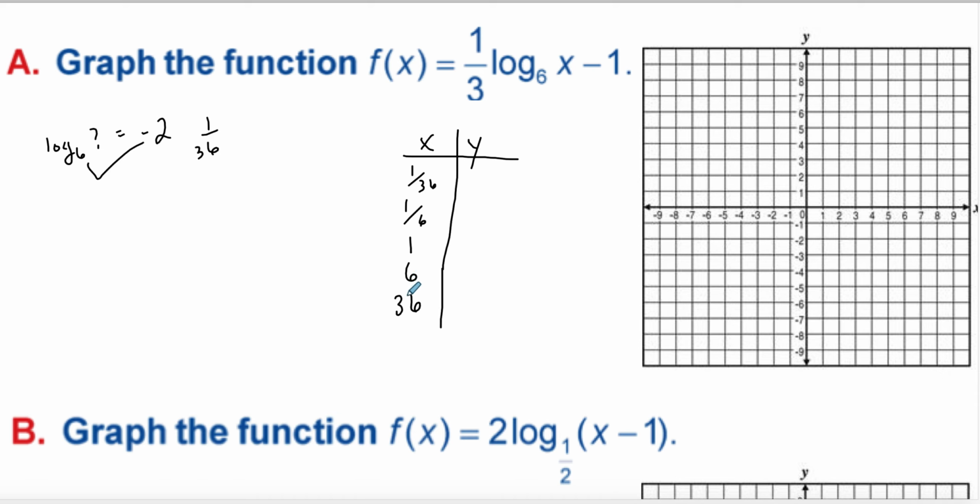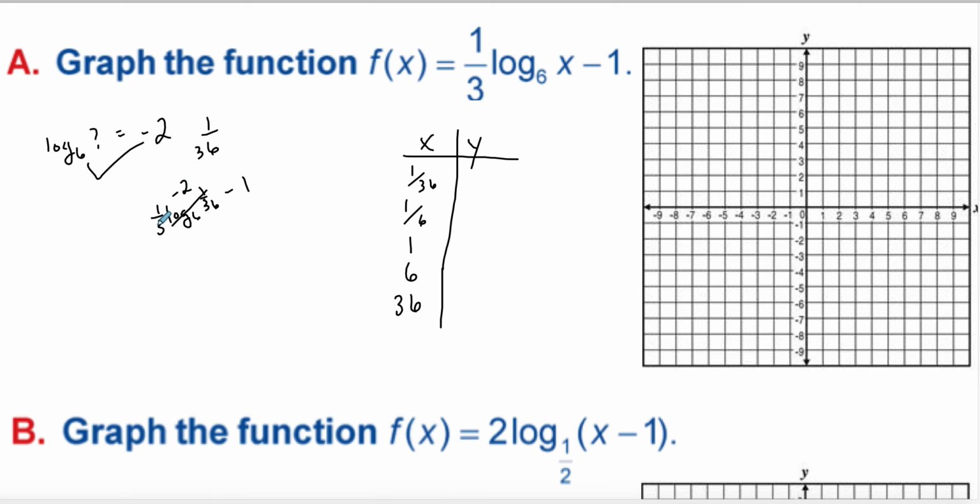Okay? And now these are not going to give me my -2 to +2 here because we have more stuff going on. We have this going on and we have this going on. So we actually have to evaluate those now. So 1/3 log base 6 of 1/36 minus 1. So 1/36, we said that that would probably be a -2, right? Because 6 to the -2 power is 1/36. And then we go through here.